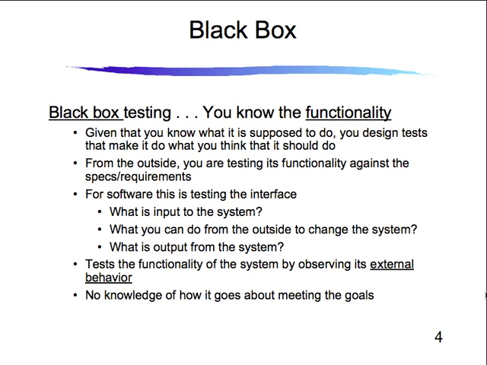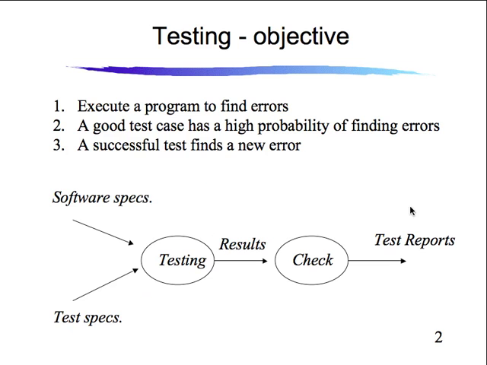So black box testing. So you know the functionality. So you're testing to see if the functionality is working correctly and if any of the functionality is missing. So I'm going back to this concept. The software specifications, that's your requirements document, your requirements and your requirements specifications. That's basically telling you what the system should be doing.